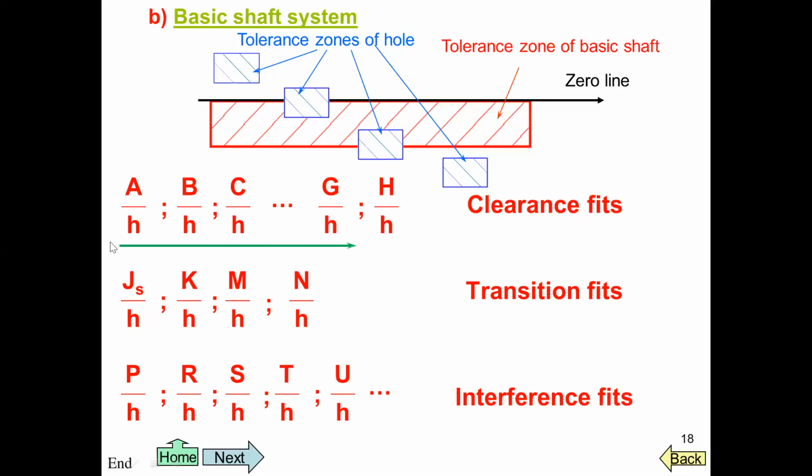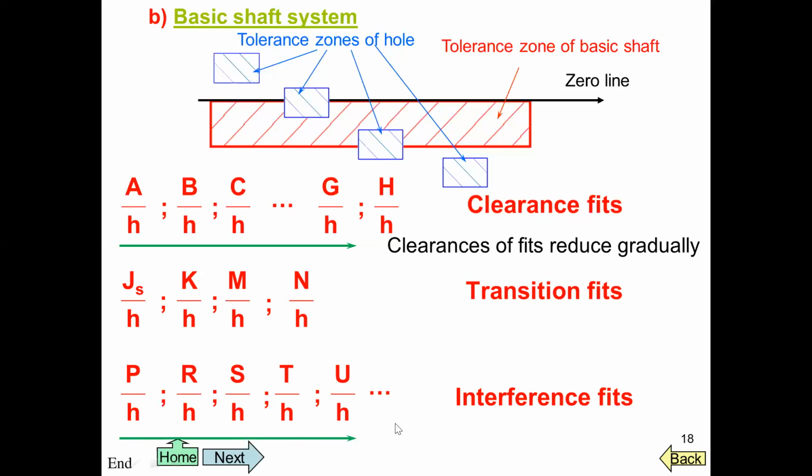So if you go from the left to the right, the amount of clearance of the fit reduces gradually. So A over S has the most clearance, and S over S has the least clearance. The same way with interference.